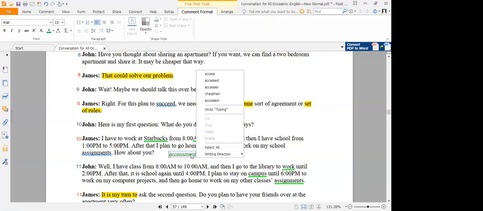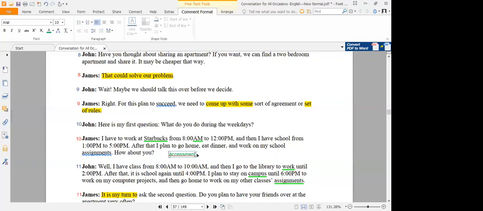No, double S. Four S's. Okay. Assessment. Here, assessment here meaning the evaluation or the estimation.